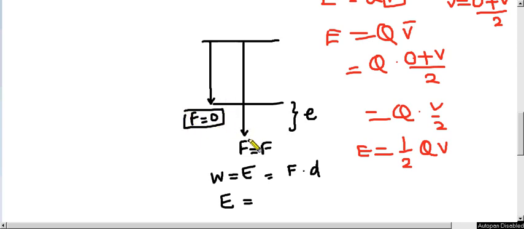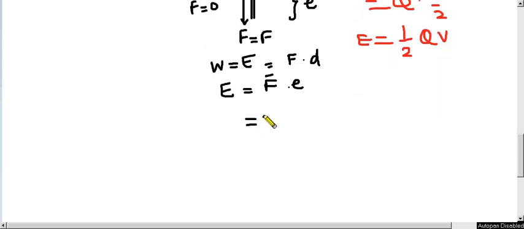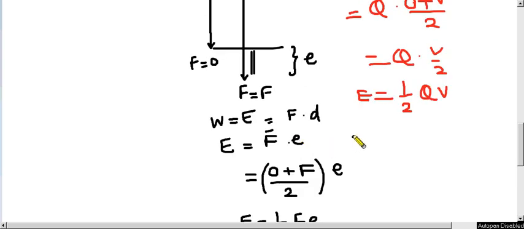At the beginning it was 0, finally it was F. So we have to use mean F, average F, times displacement E. We take initial value plus final value divided by 2, because 2 items, times E. So half times FE. This is how we derive the elastic potential energy.